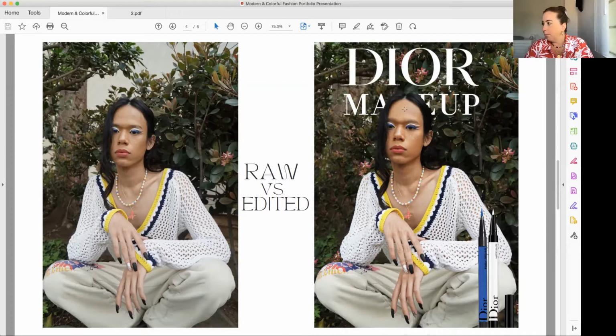They've altered the model's makeup, and they've also gone in and cleaned up the makeup look here, if you see that. And we've also added a graphic of what makeup product they're selling in the advertisement. So a very well, highly executed image, really doing what they said they were going to do.